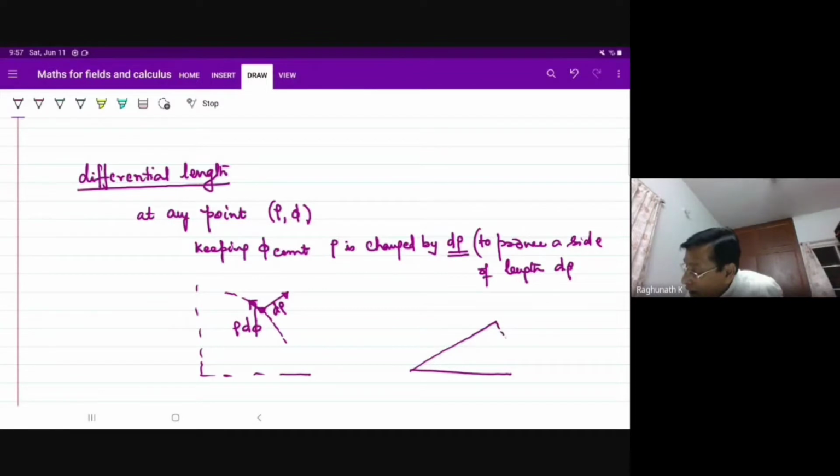the arc length of a sector of radius r is r phi, provided phi is in radian. If r is in meter, r phi is in meter. If it is in centimeter, r phi is in centimeter. Dimensionally, phi has no unit.